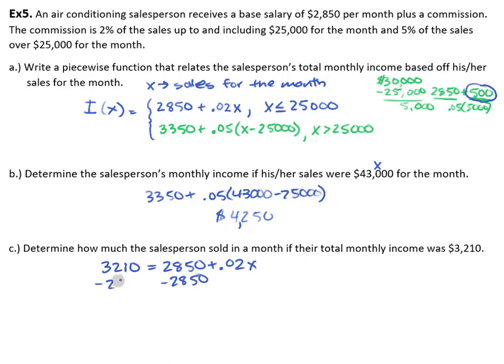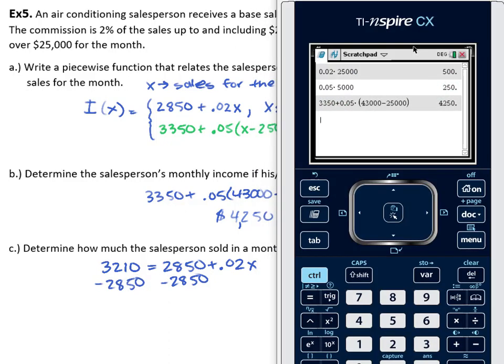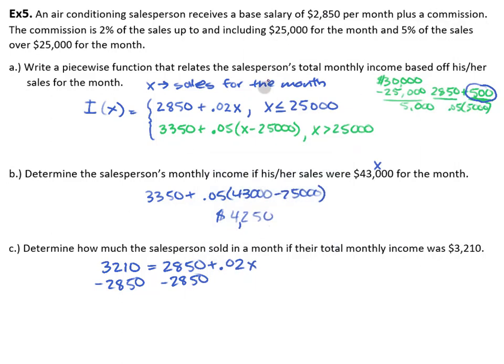So of course we're going to subtract our $2,850 over. Use our handy dandy calculator. 3210 minus 2850. Okay, gives us 360. And so we have 360 equals 2% of sales.